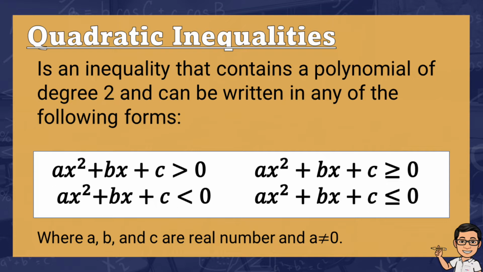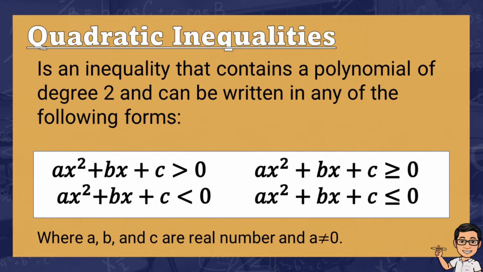Okay, so ito na yung ating magiging technical definition ng quadratic inequality. So quadratic inequalities is an inequality that contains a polynomial of degree 2 and can be written in any of the following forms. So ibig sabihin ng polynomial of degree 2, ang highest exponent is 2. So therefore, that is considered as quadratic. Okay, so meron tayong apat na standard form ng quadratic inequality.